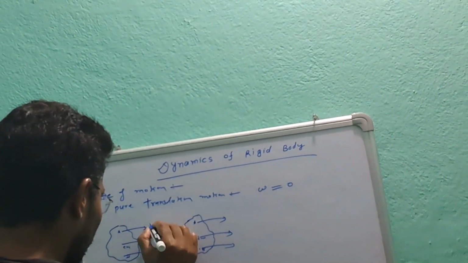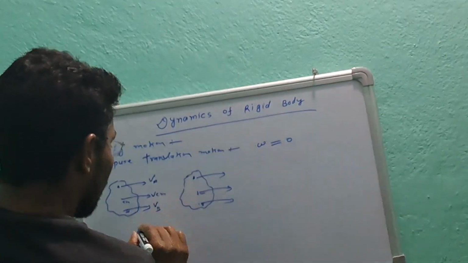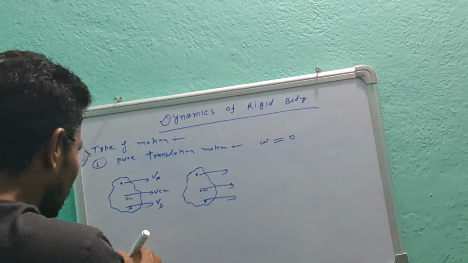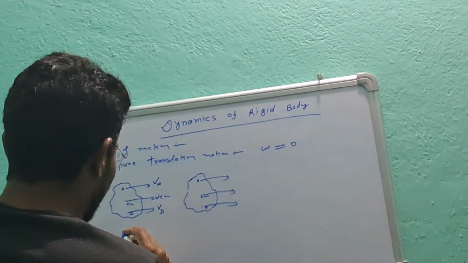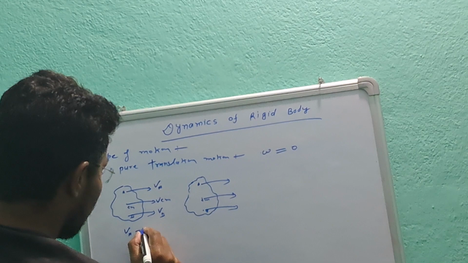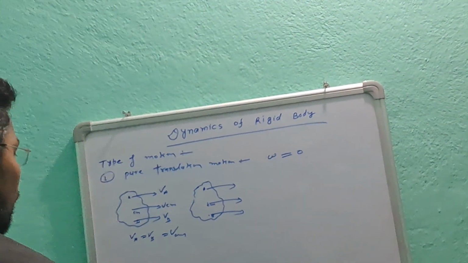And also the velocity of each particle will be the same as that of the center of mass. That is, velocity of A is equal to velocity of B is equal to velocity of the center of mass.